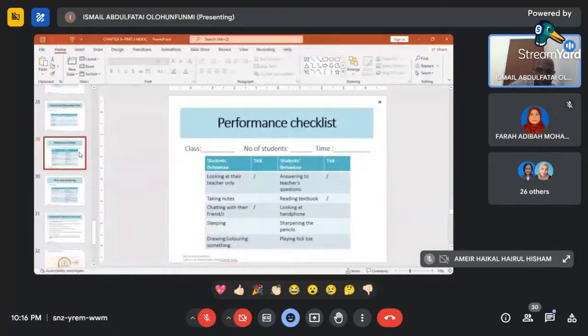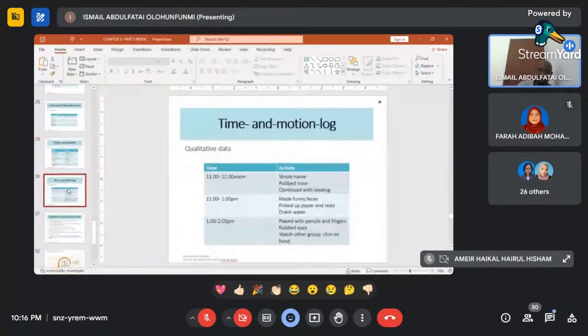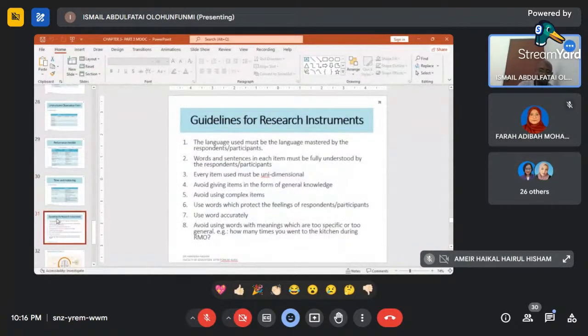Then this is a performance checklist. This is a checklist; it's also an instrument. Then this is a time and motion log. Then these are the guidelines for research instruments. They give you guidelines for research instruments.